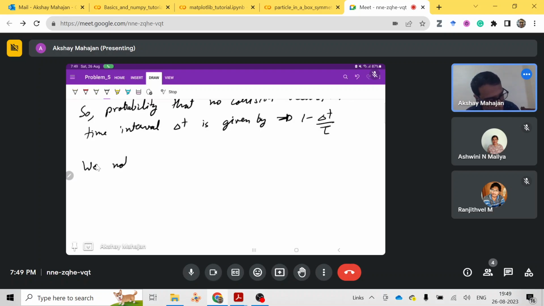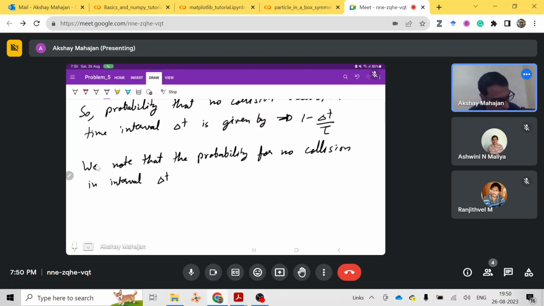Now we note that the probability for no collision in interval delta t must hold for each time interval delta t making up time t.